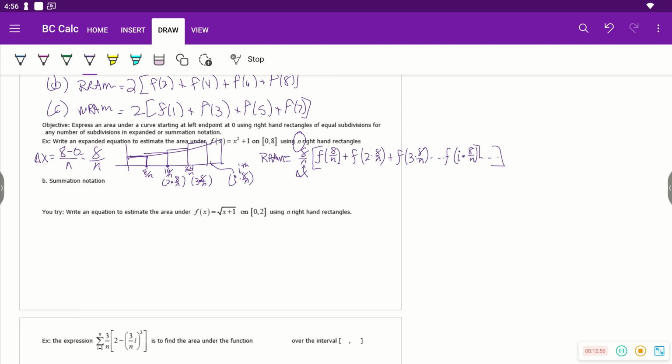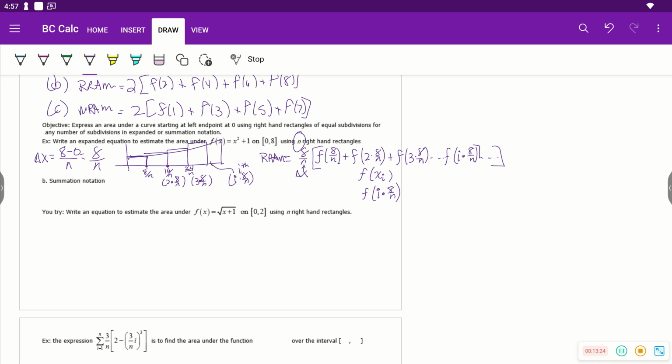The last mark, well, it would be the nth 8 over n, and the nth 8 over n is just 8, yeah? So these are f at different points that come from taking f at multiples of 8 over n.